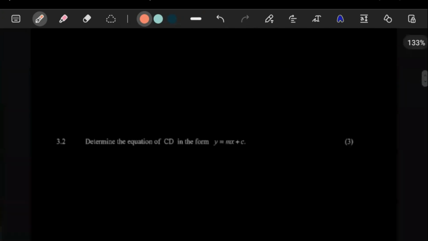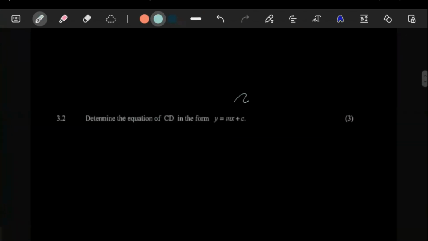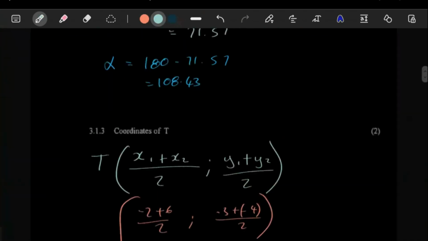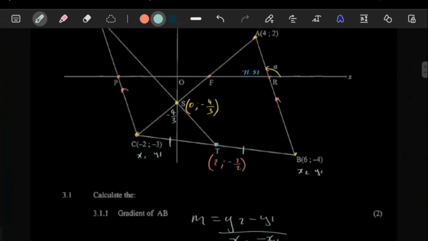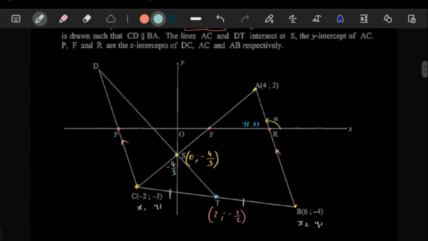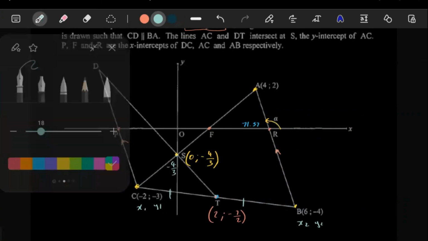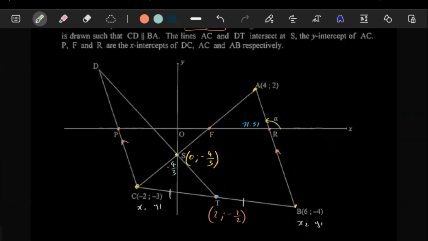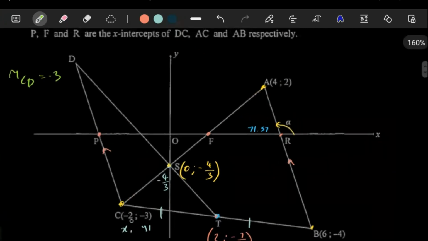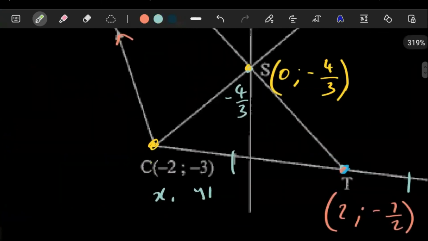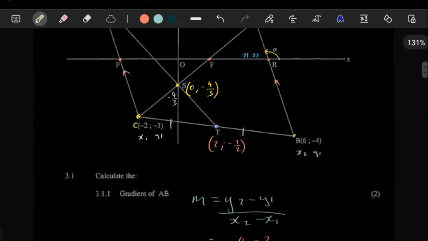3 marks. 3.2 says determine the equation of CD in the format y is equal to mx plus c. So CD, fortunately, you already have its gradient because it's the same gradient as AD. So the gradient of CD is just negative 3. You want a coordinate that the graph passes through so that you can put that into the equation of your straight line.